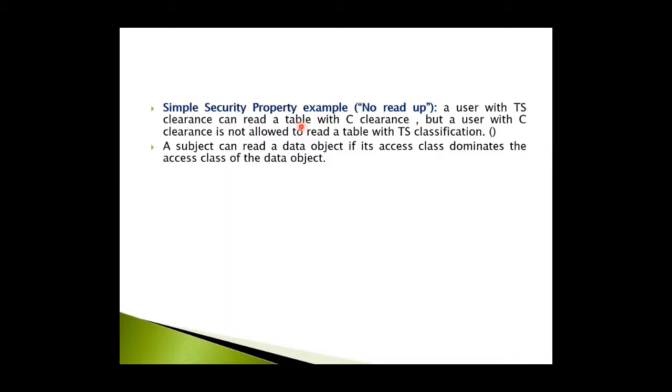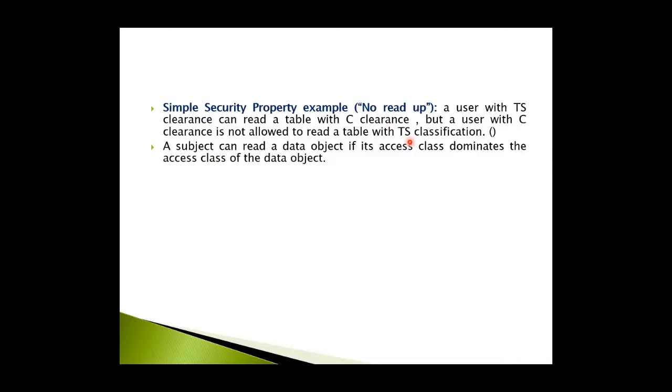Okay, so a top secret user can read a table with confidential, or secret, or maybe the unclassified level of clearance assigned to an object. But a user with C clearance, that is confidential clearance, is not allowed to read a table having top secret classification, which is higher than confidential. Okay, and that is why it is called no read up.